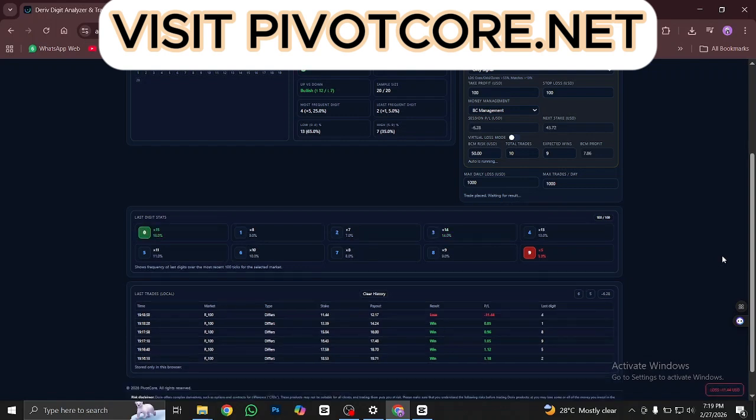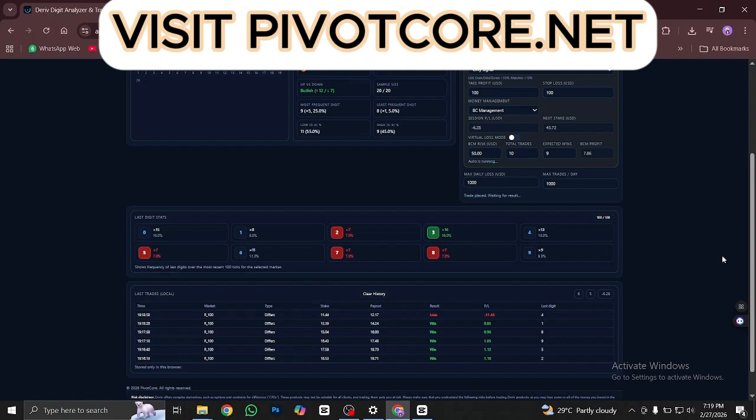We are nearing the end of our trade sequence, and the results are undeniable. Trading isn't about getting lucky once, it's about being consistent over time. PivotCore.net allows you to walk away from the screen while your strategy keeps working. Think about how much time and mental energy you save when you aren't fighting the charts yourself.